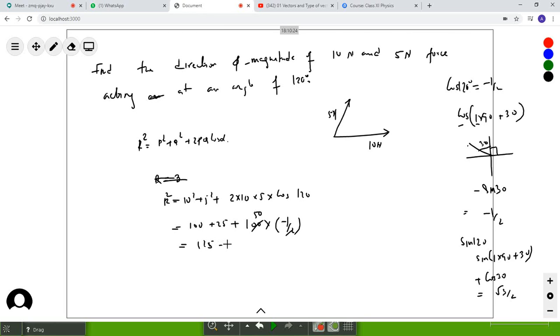So 125 minus 50. 125 minus 50 is how much? 75. Clear? So R square is equal to 75. So R is root 75. I took cos as root 3 by 2? No, cos 120 degrees is minus half. I taught you.